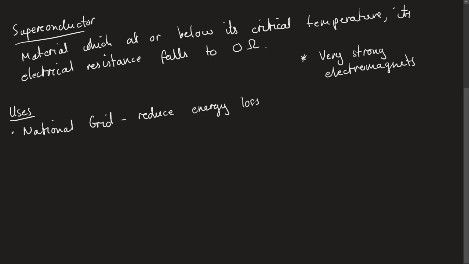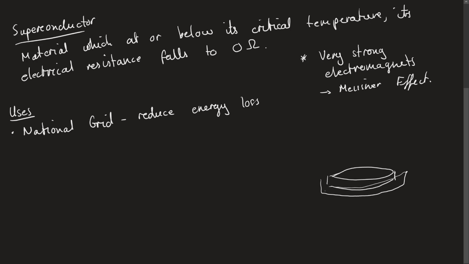And you can see this in effects such as the Meissner effect. You could probably Google the Meissner effect and see a cool little video. If you get just a small cylinder of a superconducting material and you cool it down, so you'll usually see it in some sort of petri dish, and then have poured liquid nitrogen in it to cool it down, and you put a metal cube on top, the metal cube will just float above it.